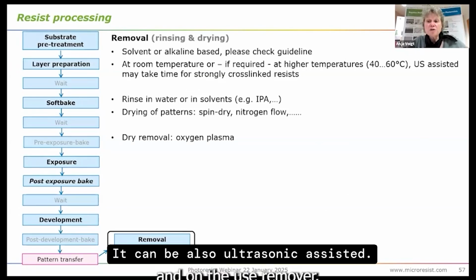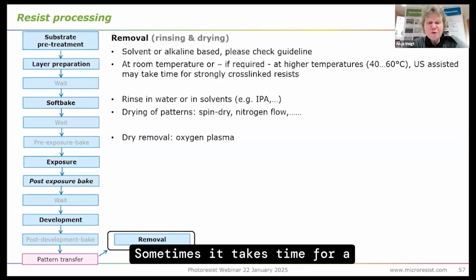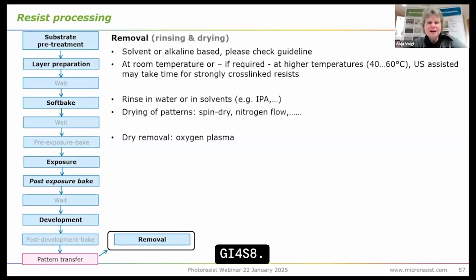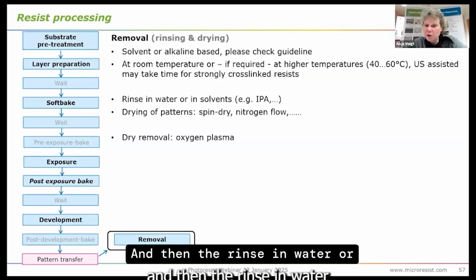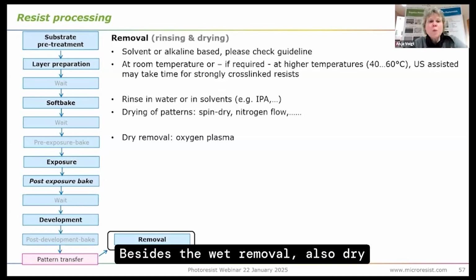It can also be ultrasonic assisted. Sometimes it takes time. And then the rinse in water or solvents, drying. Besides the wet removal, also dry removal, pure oxygen plasma, can be applied.